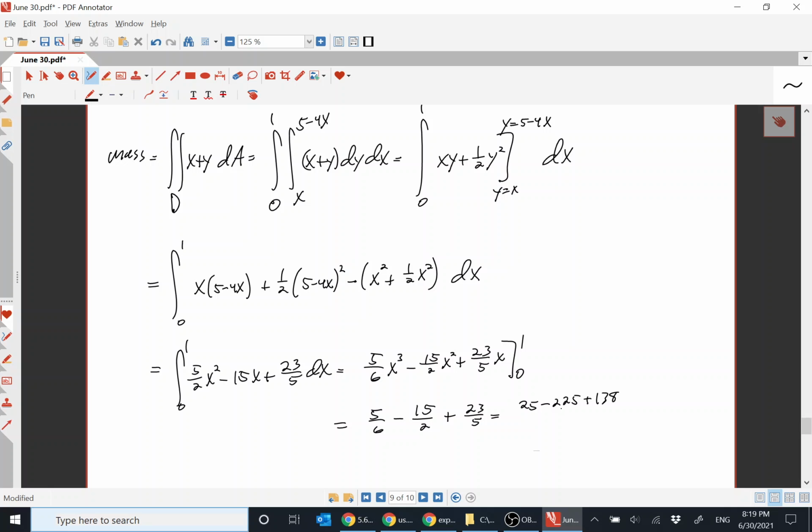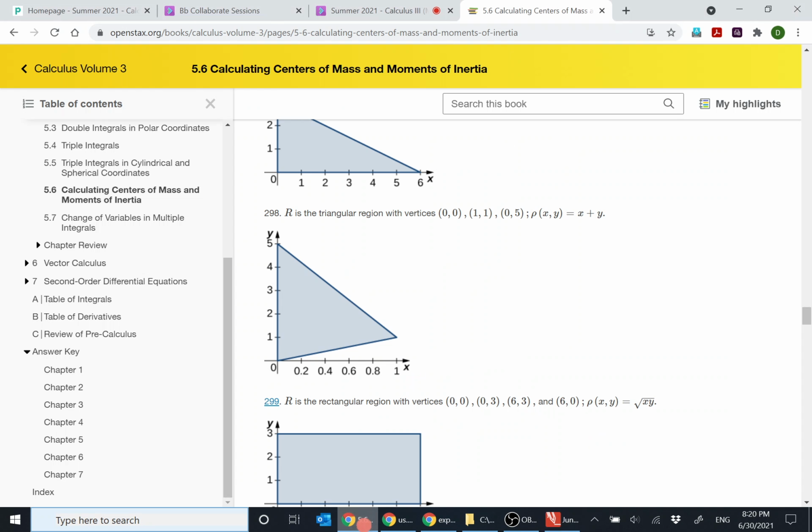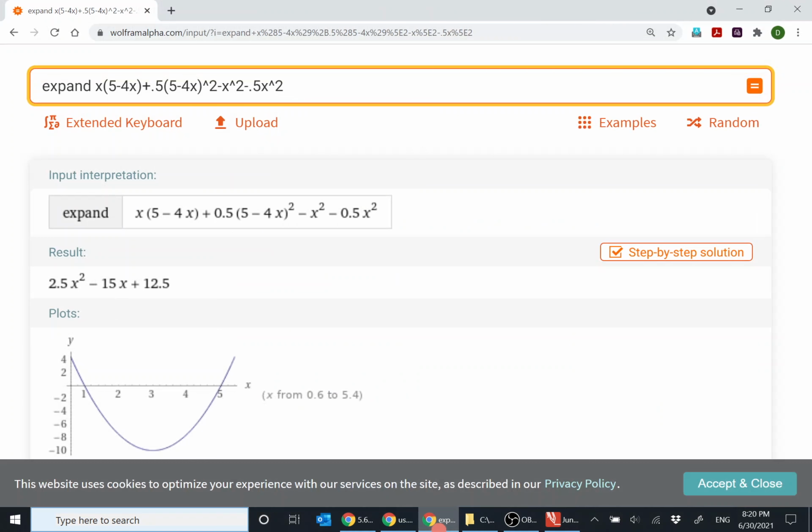That's negative. Oh no, 15 squared. Yeah, 15 squared is 225, right? So 5/2 x squared minus 15x plus 23 over 2.